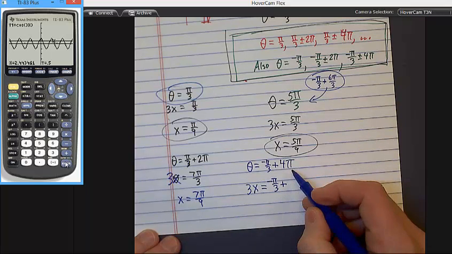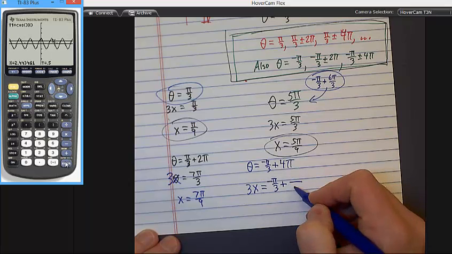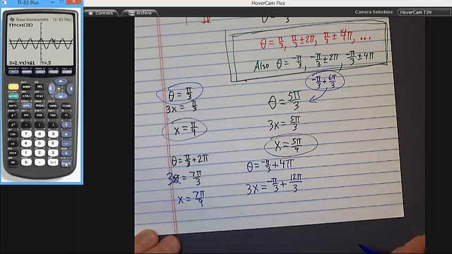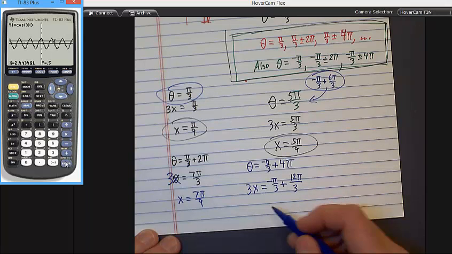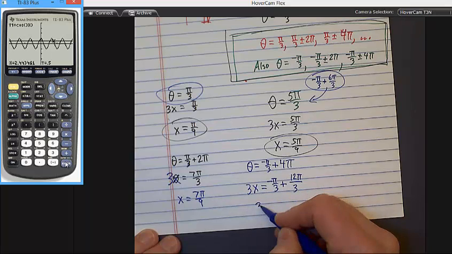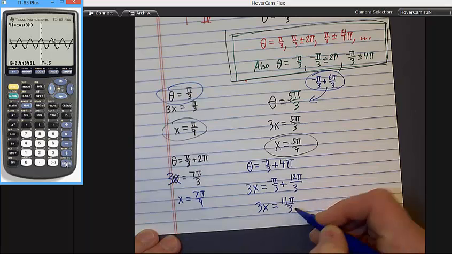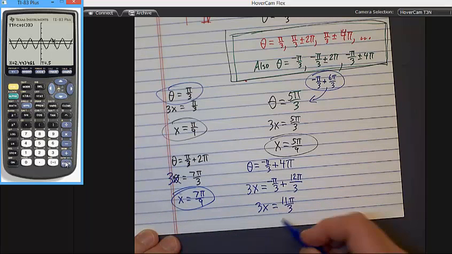Why don't I write it as 12 pi over 3? That's the same as 4 pi. So I get 3x is 11 pi over 3. And so another answer is going to be 11 pi over 9.